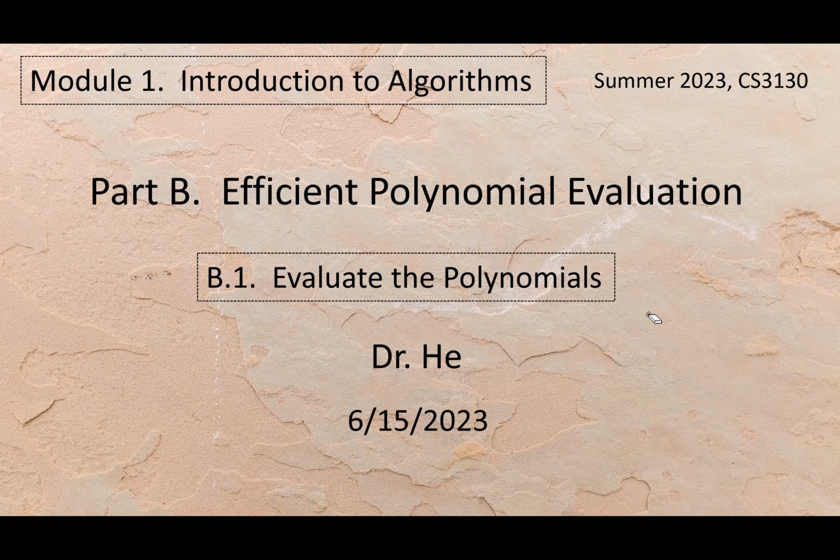For this topic, I need 3 subtopics, B.1, B.2, B.3, to complete the whole story. The first one: evaluate the polynomials. All of you know how to evaluate a polynomial, but we want to see what is the best way, the fastest way, the most efficient way.